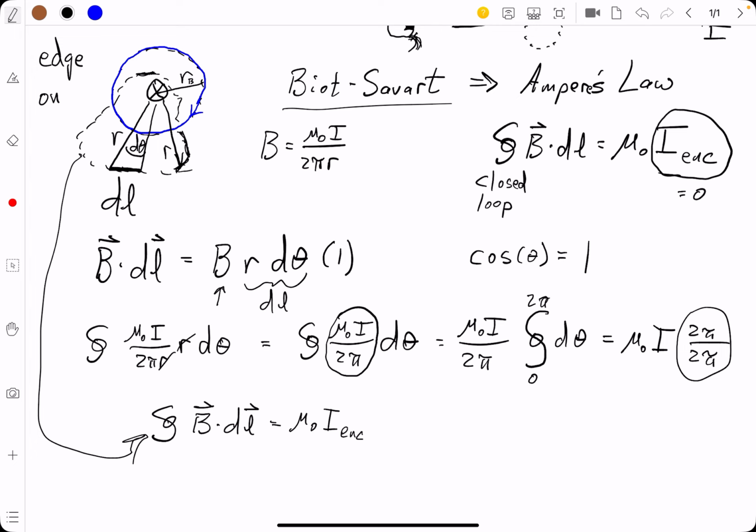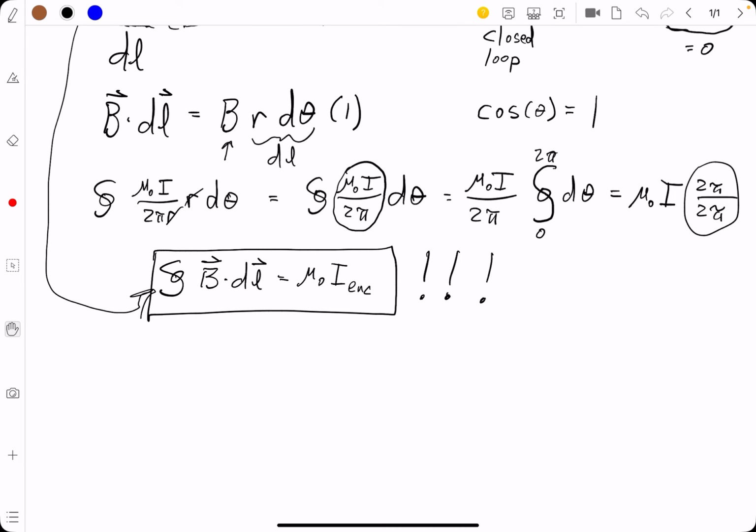Okay? So there you have it. Ampere's law in all of its glory. So let's do this and go like this because it's so useful. It's very useful.